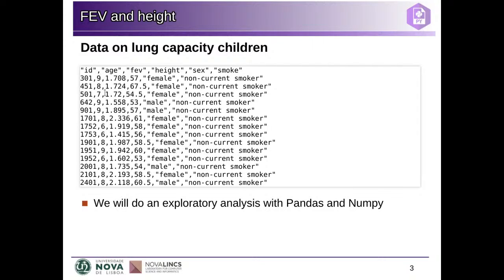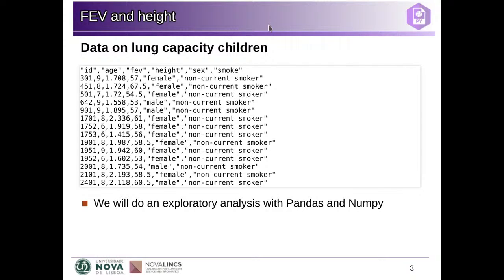We have the height, the volume, sorry, this is the volume, the height in inches, and we have also whether they are smokers or non-smokers. There are some teenagers in the sample that are smokers. But we're going to look at the sex, and the height, and the lung capacity.